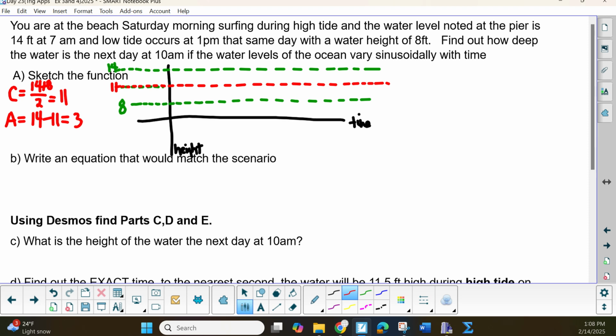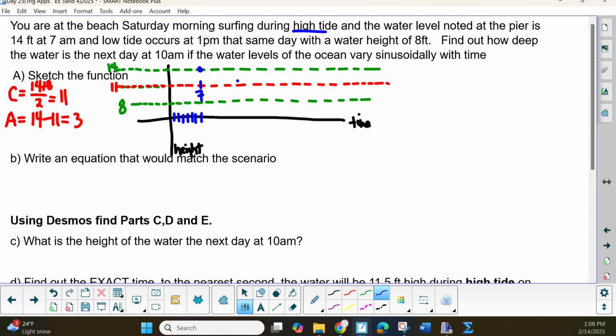As we do this, we have to find out when we noticed, for the first time, whether it was a high tide or a low tide. It says at 7 a.m., so 1 o'clock, 2 o'clock, 3 o'clock, 4, 5, 6, 7 a.m., we're at high tide.